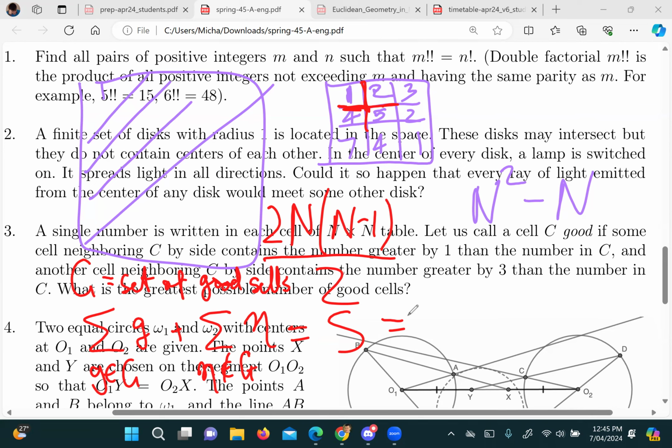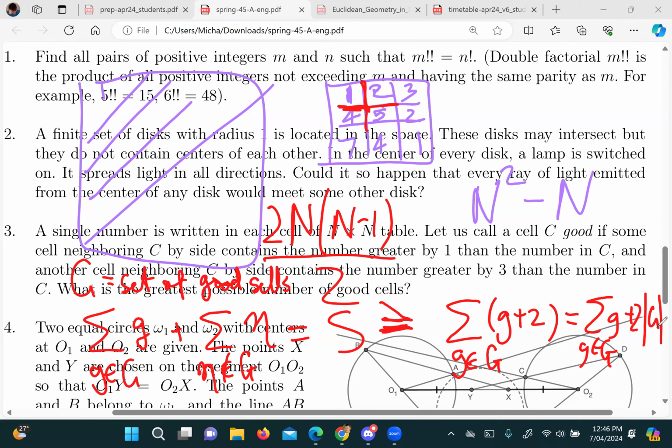Because the 2 gets counted for every G. So if this is true, we can cancel the G sums, and we get 2 times the size of G is less than or equal to the sum of the things that are not in G. That makes sense? Okay.